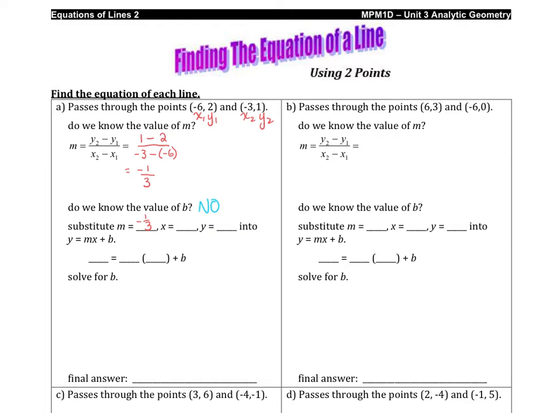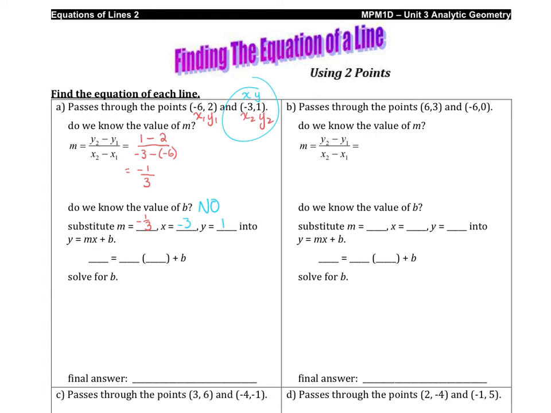In this case, there's no advantage to picking either one of the 2 points. So let's just pick this one. So this is your x and this is your y. I guess another advantage would be if there's no advantage to one or the other, then some people pick the one that has lower numbers because maybe they're a little bit easier to work with. So the x is -3 and the y is 1.